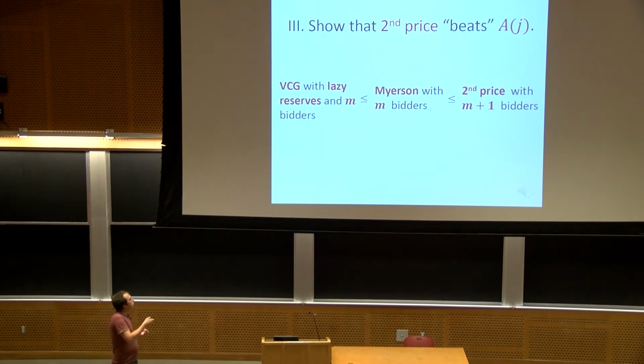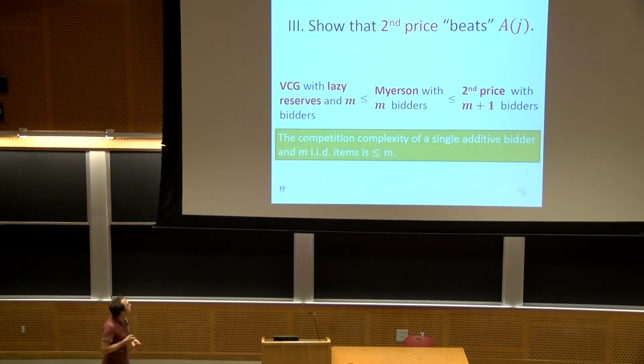And now we apply the Bulow-Klemperer theorem to say that if we add an additional bidder to the n-1 bidders we already added, then the revenue of the second price auction is greater than the mechanism that upper bounds the benchmark. And combining this together gives us that the computation complexity of a single additive bidder is at most m, which means that if we have m bidders and run VCG, then we are good.